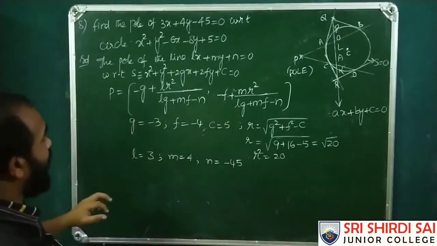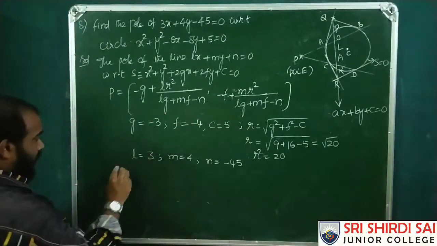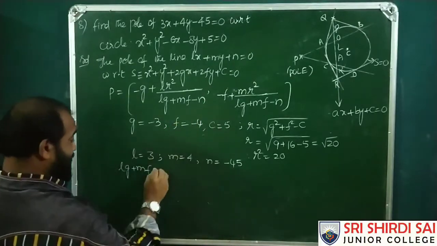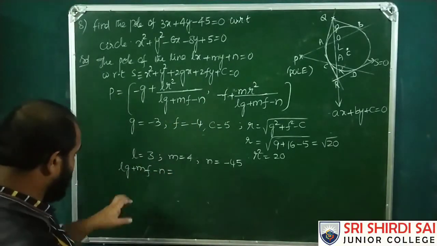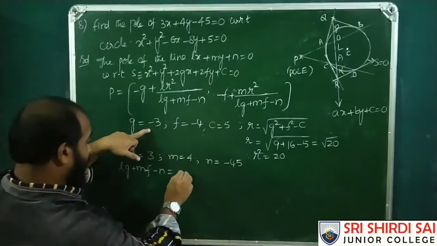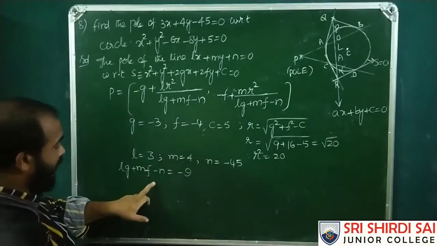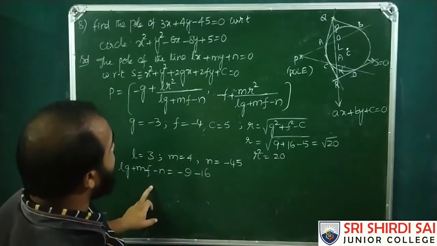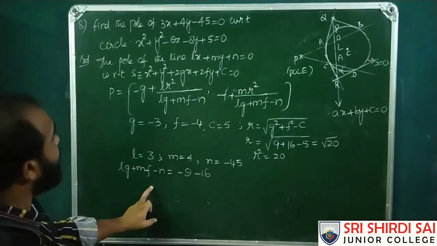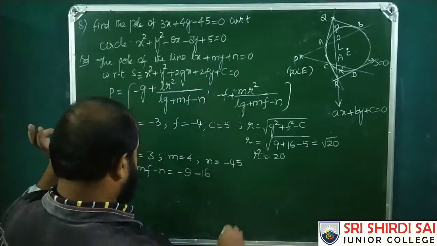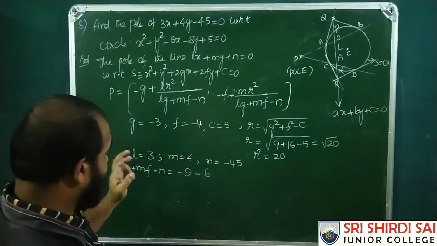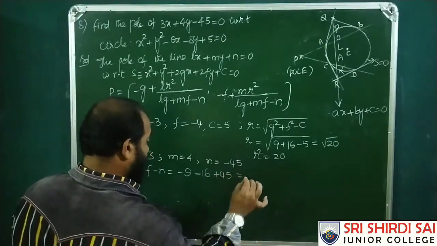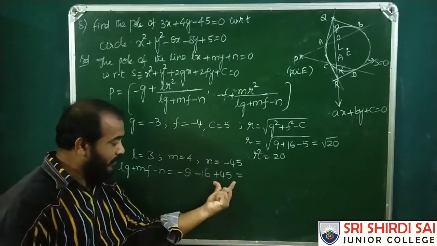Everything under the denominator we will find first. lg + mf minus n: lg is 3 into minus 3, minus 9. mf is 4 into minus 4, minus 16. The n value is minus 45, so minus of minus, plus 45. So this is minus 25 plus 45.